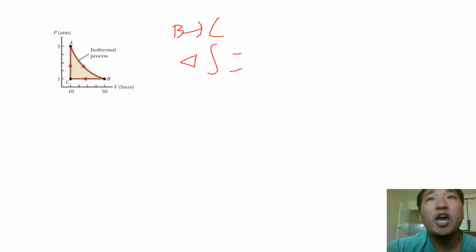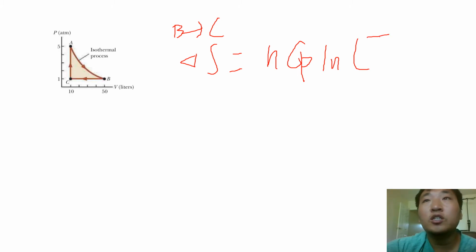n Cp times log of the change of the temperature, which is Tc to Tb.